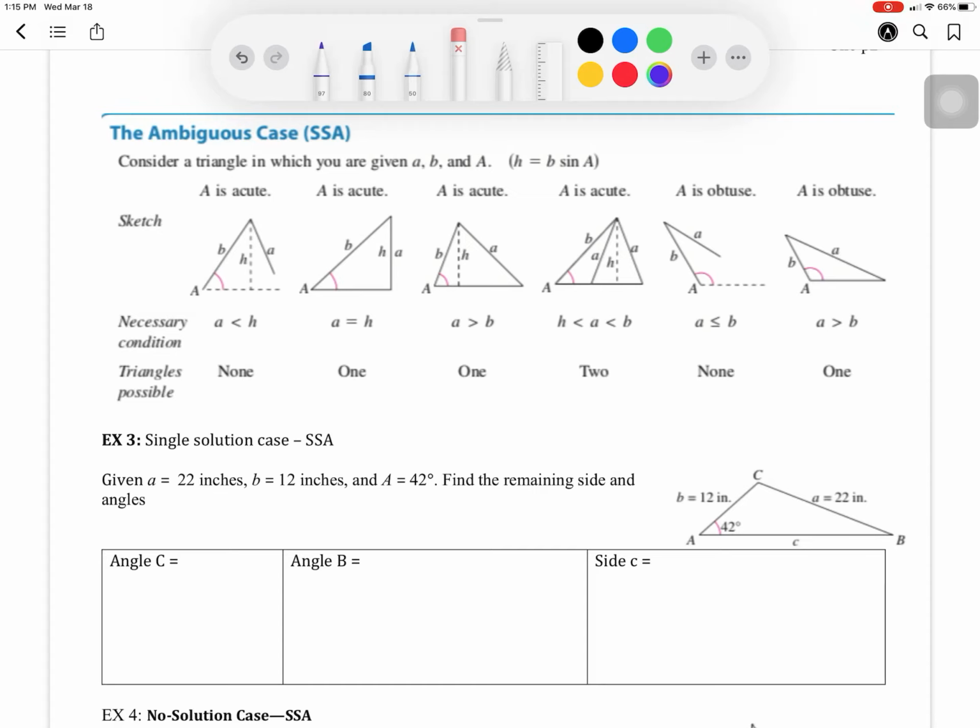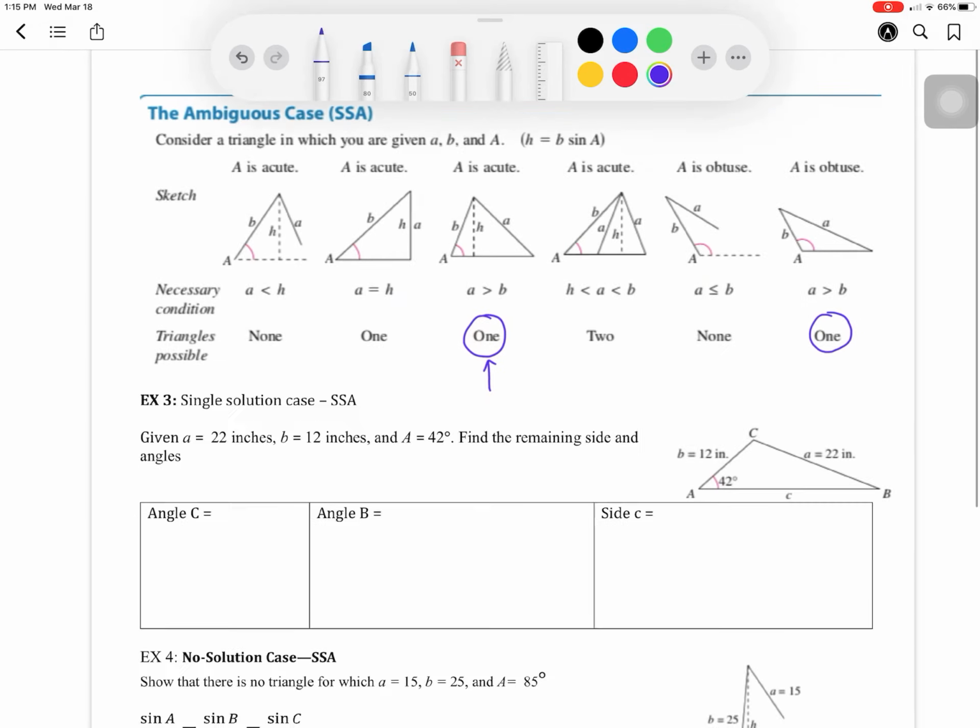So here we know that angle A is acute and that we have A is greater than B. So if we're looking at our little chart here, A is greater than B. That means we could have this one or this one. But since we know that angle A is 42 degrees, it tells us that we have this case right here because A is acute.